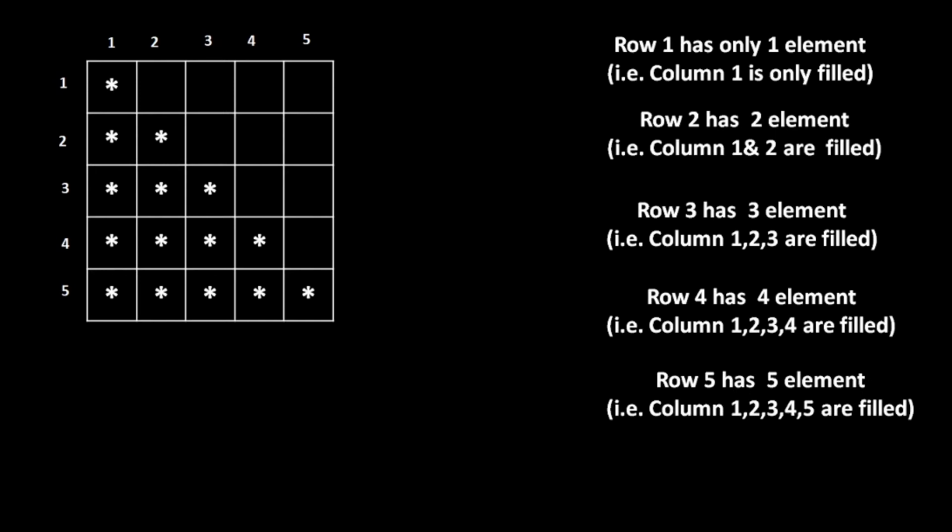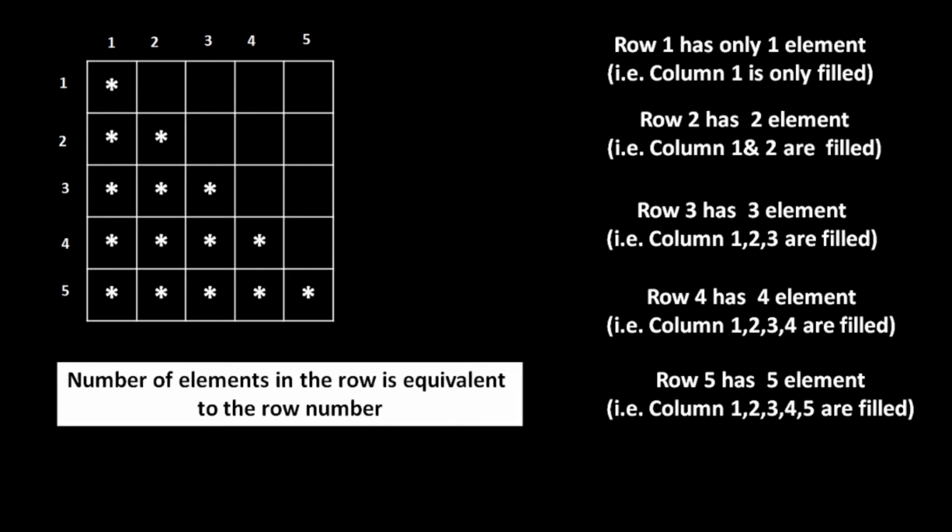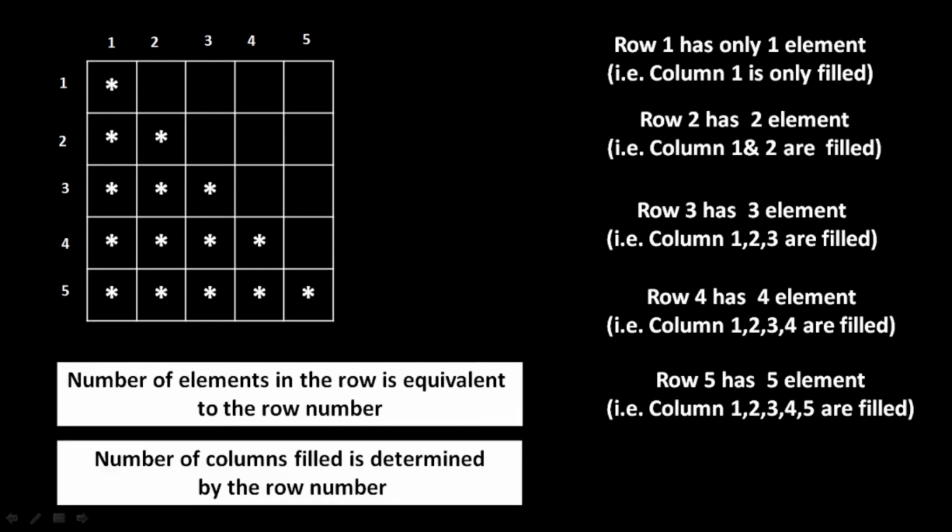So we can finally conclude that the number of elements in a row is equivalent to the row number. As we know in a nested loop, the inner loop is always controlled by the outer loop. Similarly here, the number of columns filled is determined by the row number. So while writing the program for this pattern, we assign the row as the outer loop and the column as the inner loop.